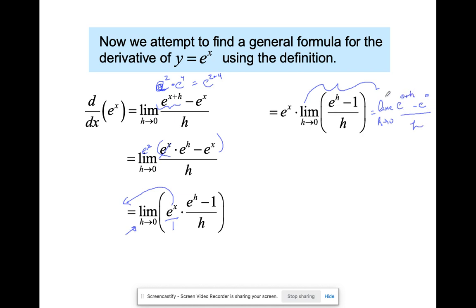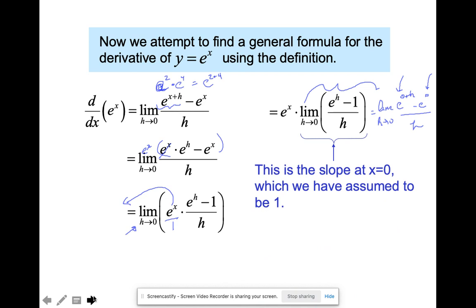And e to the 0 plus h is e to the h, and e to the 0 is just 1. So using the information from the screen before, what did we say this expression was equal to? This is the derivative of e to the x at 0, right? At 0. What did we say that was, though? 1.